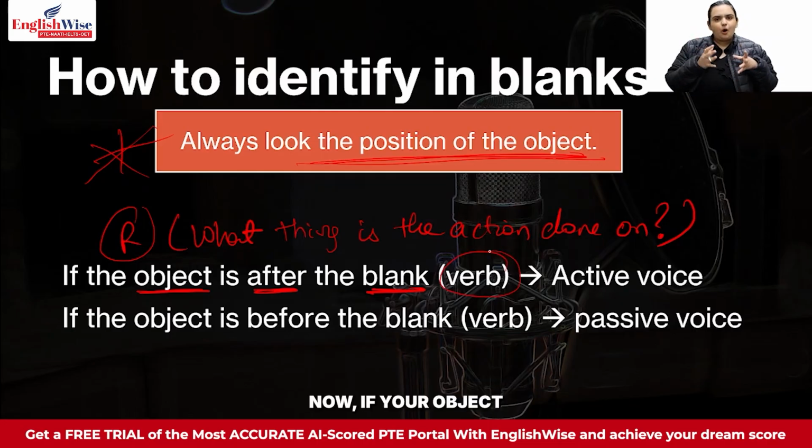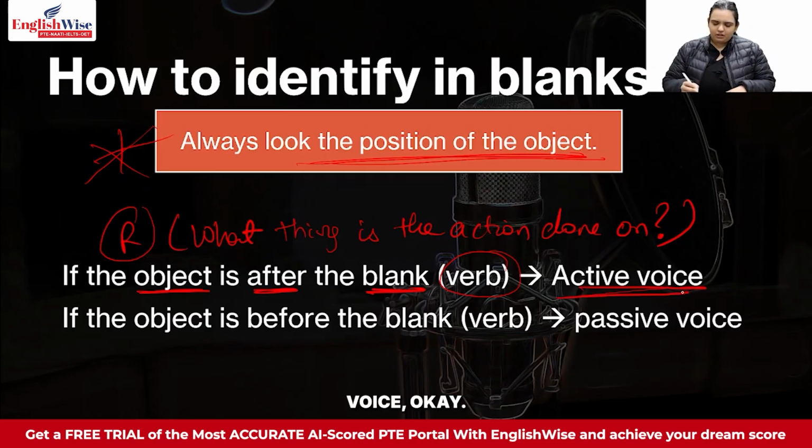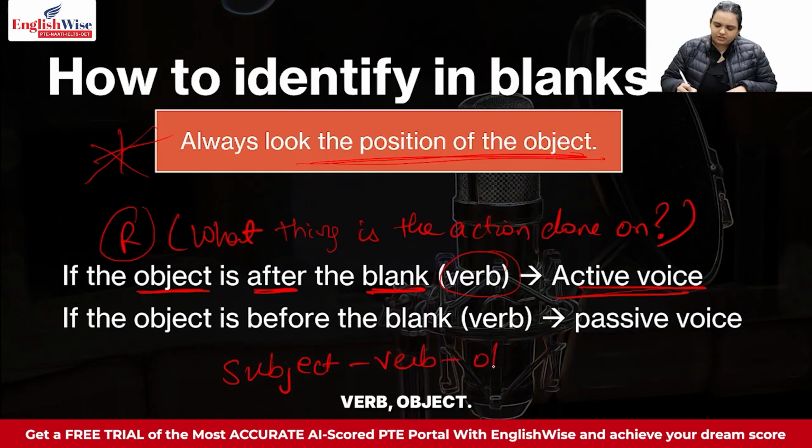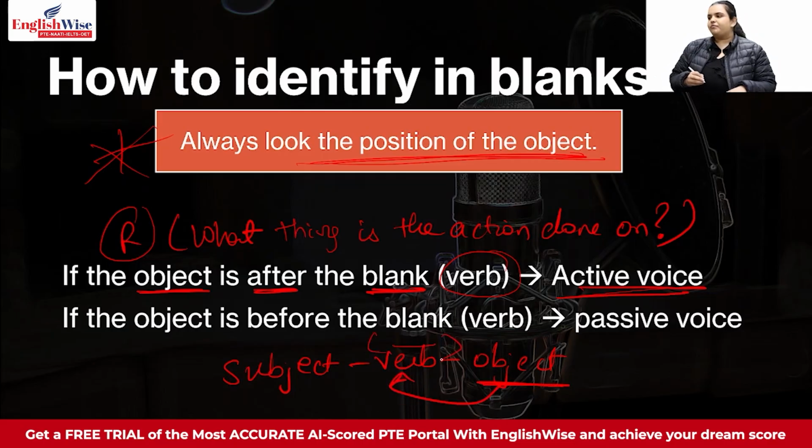Now, if your object is coming after the blank, it is active voice. Okay. So you remember this sentence structure: subject, verb, object. Now you see over here, the object is coming after the verb, which in your case is going to be your blank.